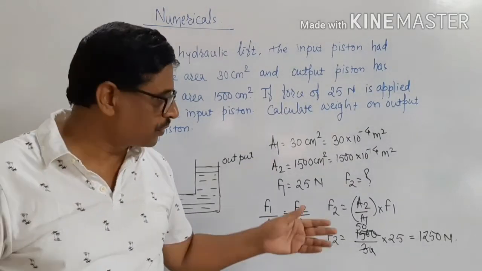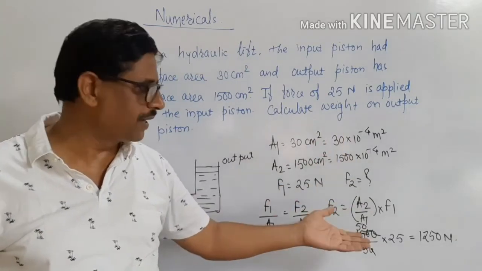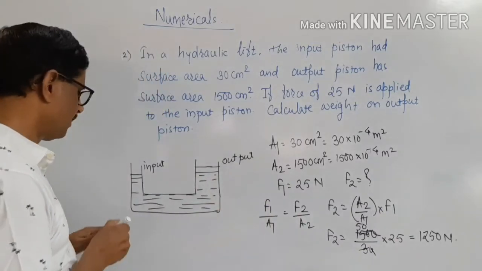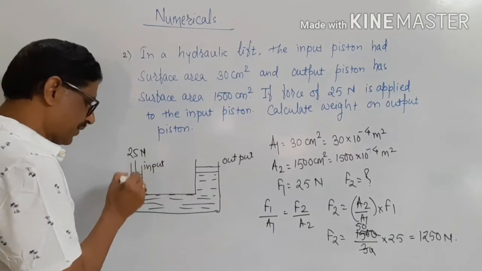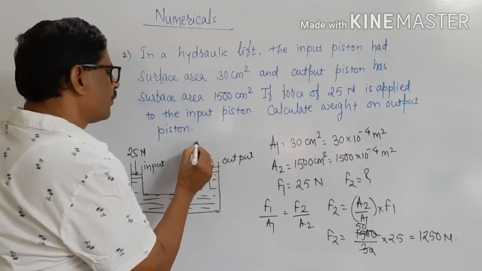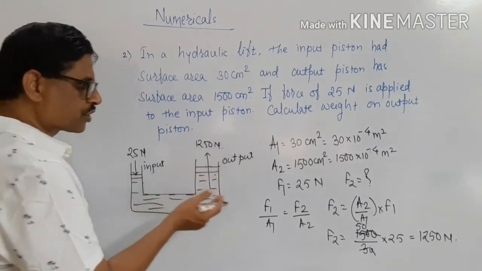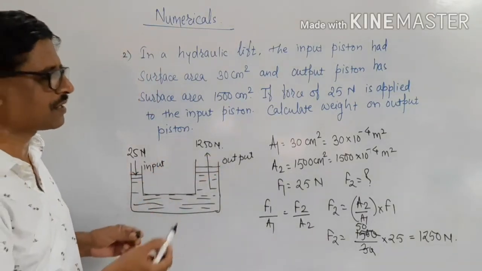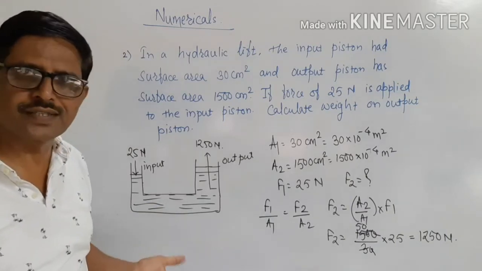The output force, output weight, will be 1250, and it's a very simple thing that by applying a force of 25 Newton on one side, you are able to lift a force of 1250 Newton. It is almost 50 times more. This is the problem based on Pascal's law. It's the application of simple Pascal's law.